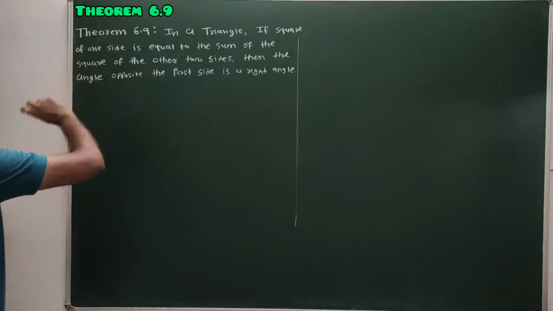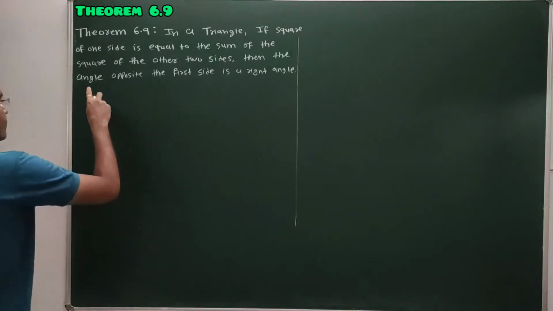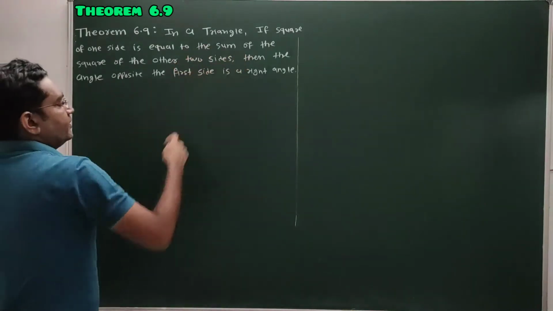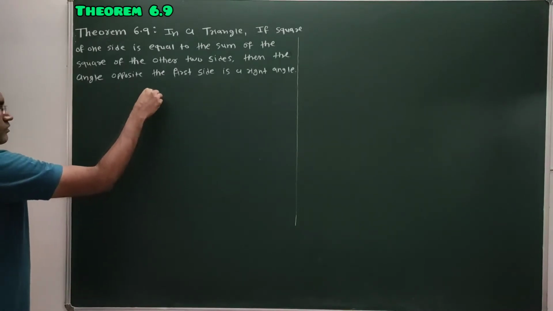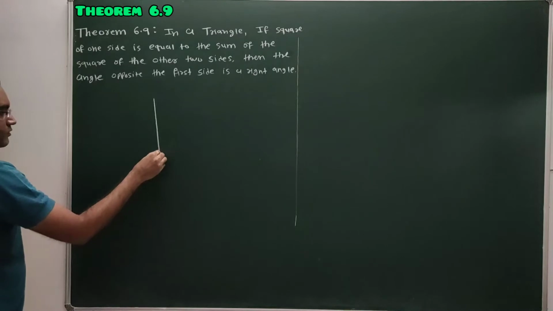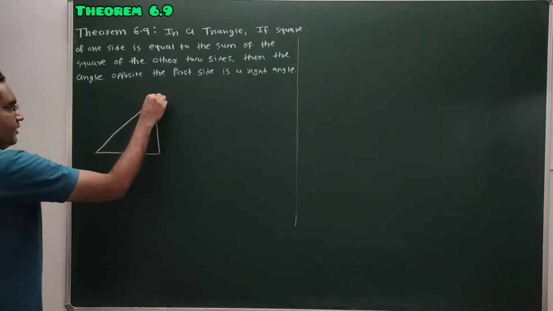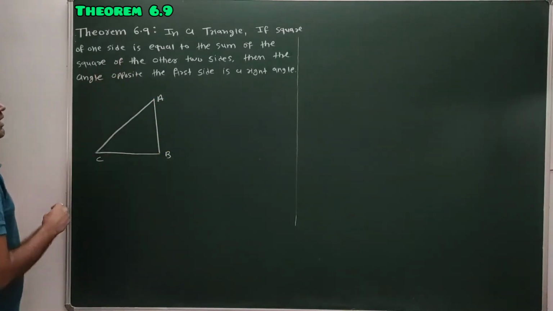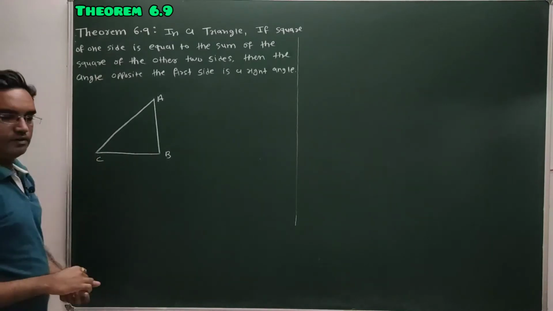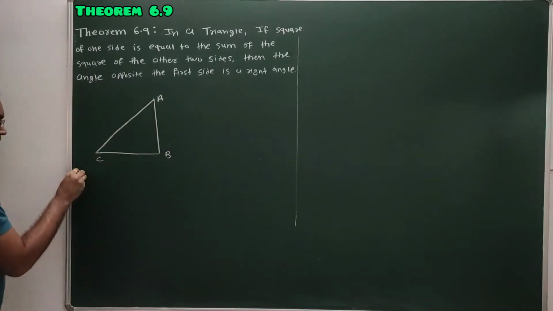So theorem 6.9: in a triangle, if the square of one side is equal to the sum of the squares of the other two sides, then we have to prove that the angle opposite to that first side is a right angle. First we are doing the figure. We are given one triangle, triangle ABC. Let's start with the given.